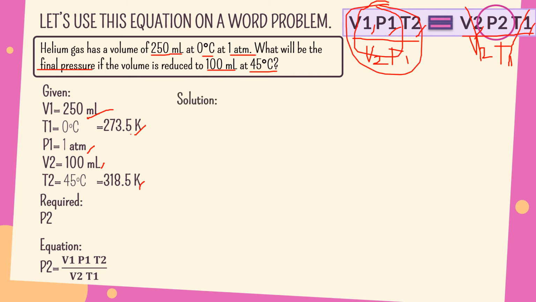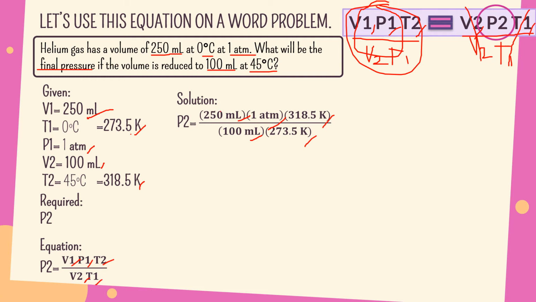Now, to solve this problem, we need to put the quantities into this equation. So we have the final pressure equals the product of initial volume, initial pressure, and final temperature over the product of final volume and initial temperature.